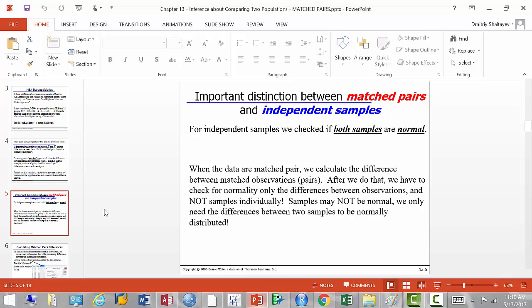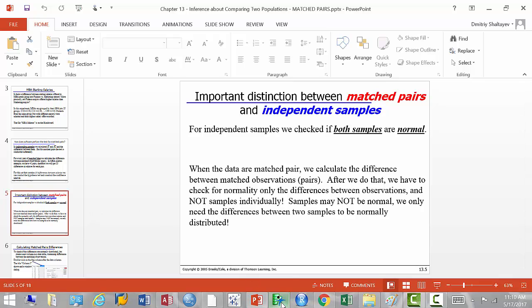Separately. Let me tell you how the matched pairs t-test is done. First thing that the software calculates behind the scenes is the matched pairs differences. What does that mean?